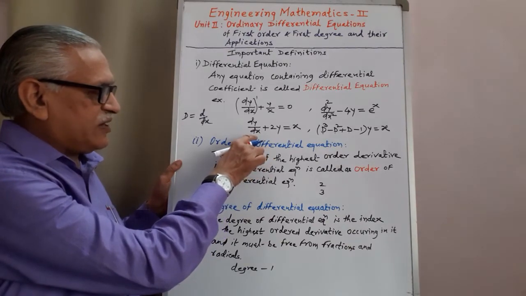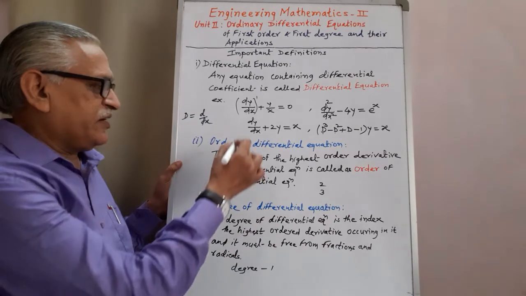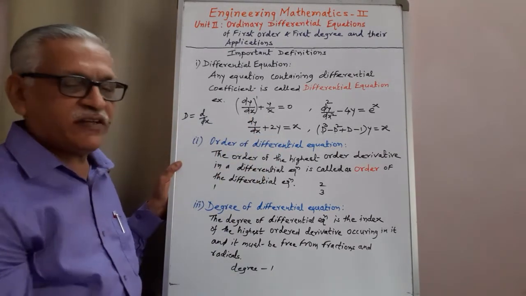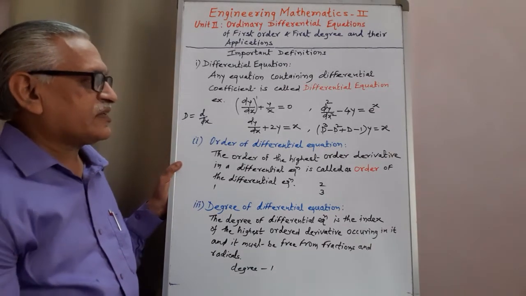In the second example, the highest order derivative is of order 1. Its power or the index is again 1. Therefore, the degree is 1 for the second example.